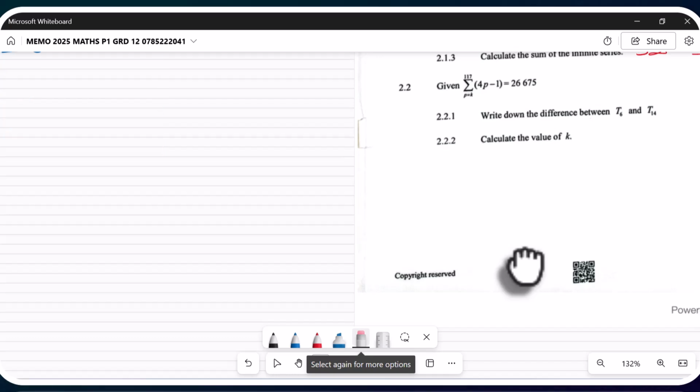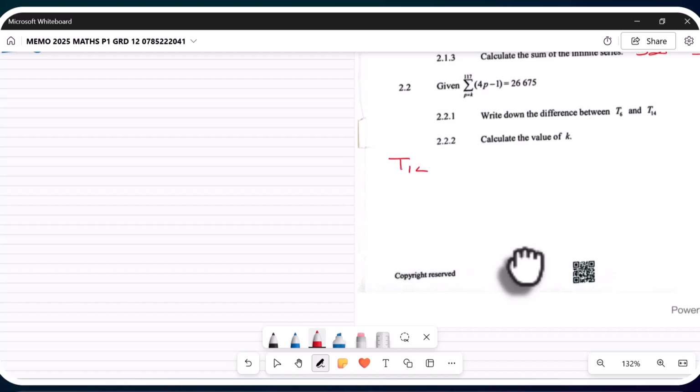Calculator, what do we get here? If I check my calculator, 4 into 14 minus 1 gives me 55.